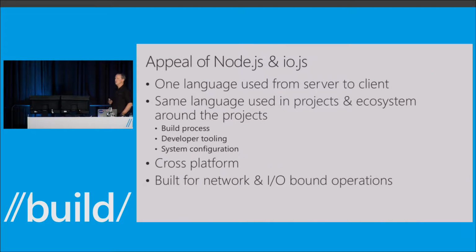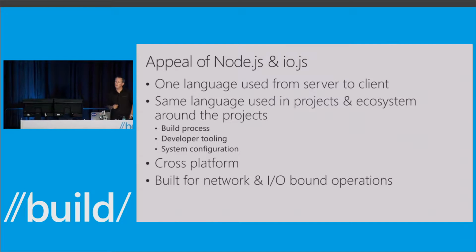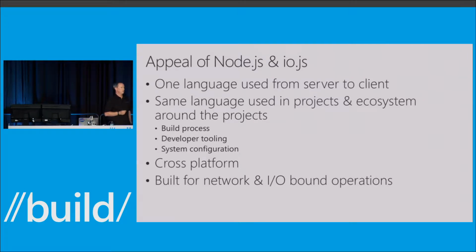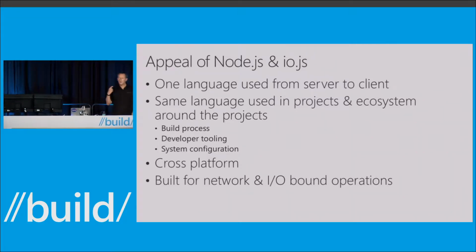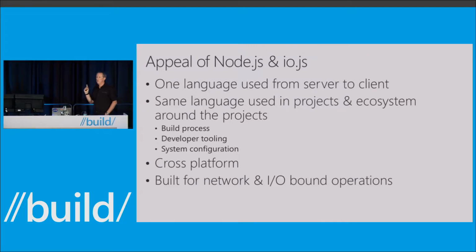Another thing is that it's cross-platform. There's a runtime for Node.js for Windows, for OS X. It also runs on Linux. It runs in Azure websites, Heroku, AWS. I have an Express talk that I'm doing this week. I did one earlier today and I'm going to do it again tomorrow, down in the Office 365 Express talk area, where I'm showing how we're running the exact same applications I'm showing you today on a Raspberry Pi.